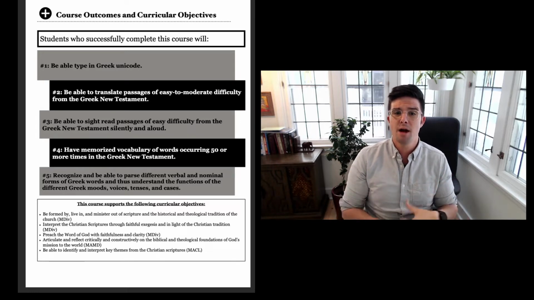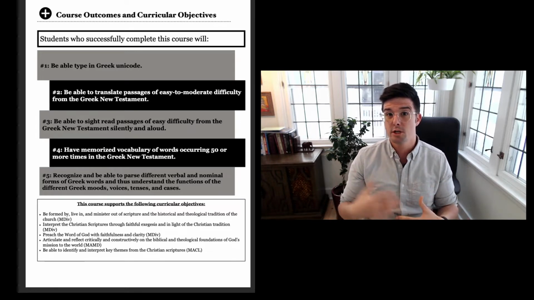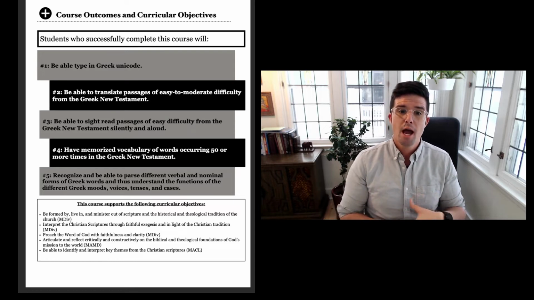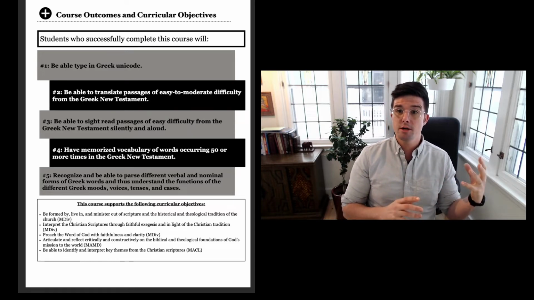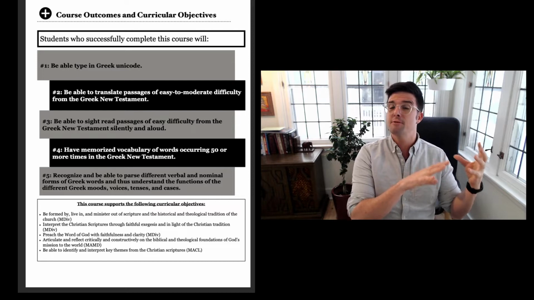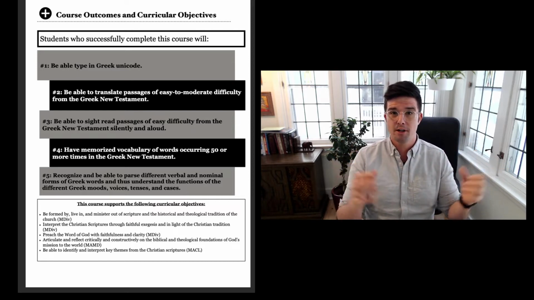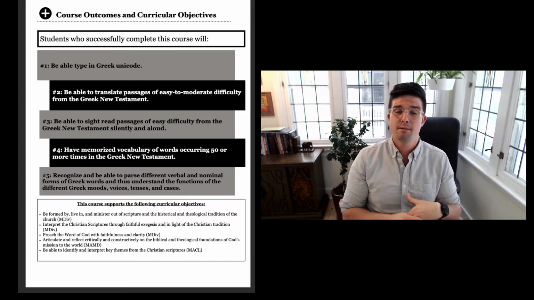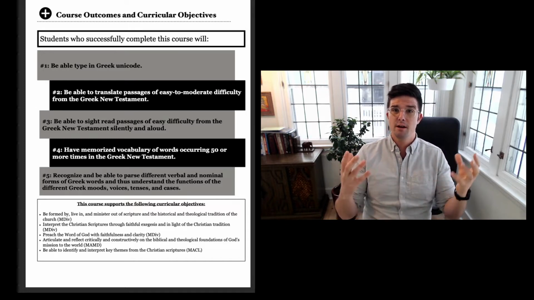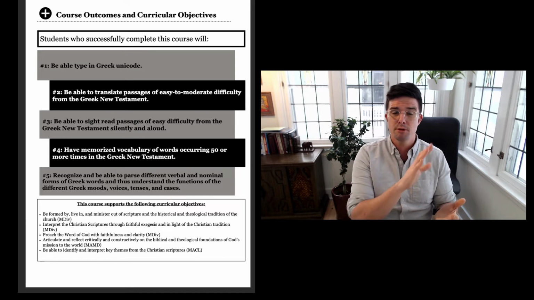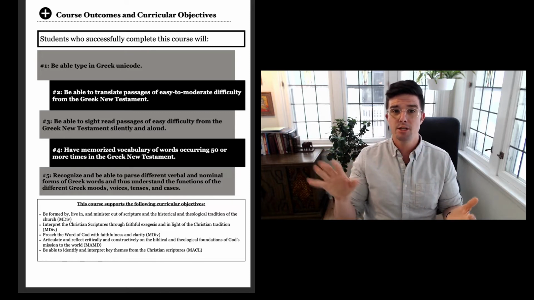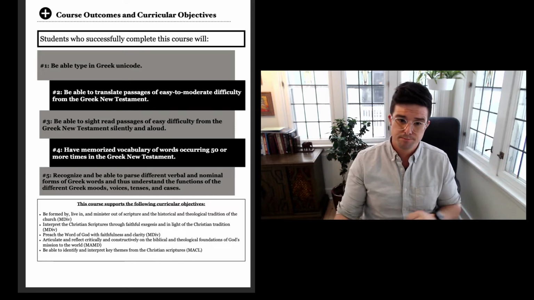You'll also have memorized vocabulary of Greek words occurring 50 times or more. And finally, you'll be able to parse and recognize the important information about different Greek verbs and nouns. That's going to be a very big part of our class, is parsing. And I'm going to ask you very intentionally throughout the semester to be able to name the information about a given Greek word.